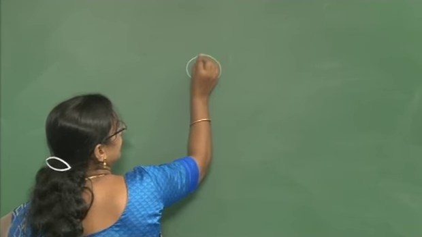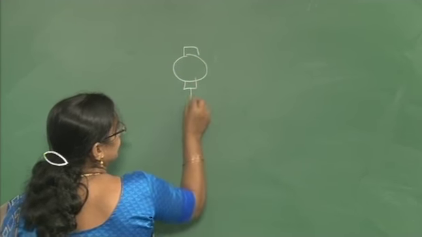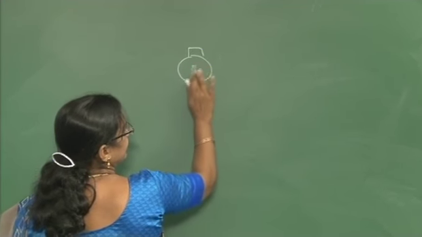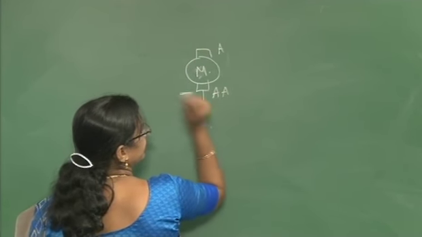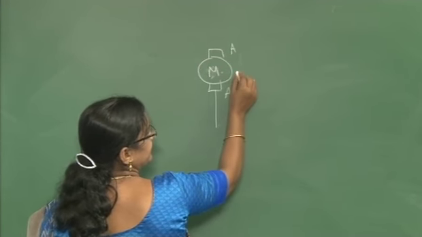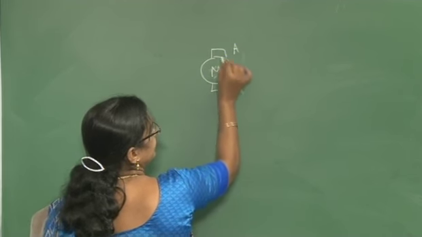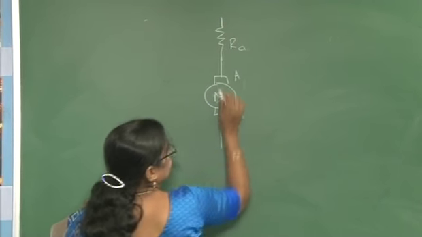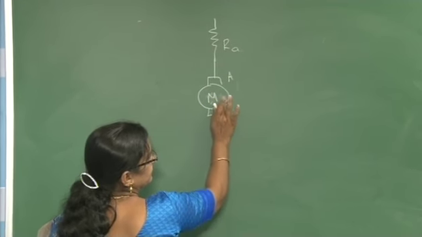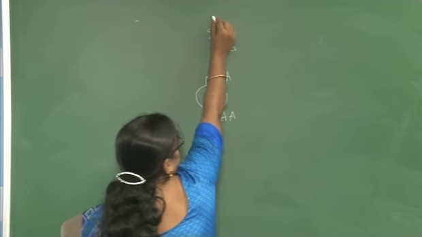Here you connect the armature, which you can represent as M, with A and A as the two terminals. Here you can represent RA, not necessarily externally, or otherwise you can represent it externally.